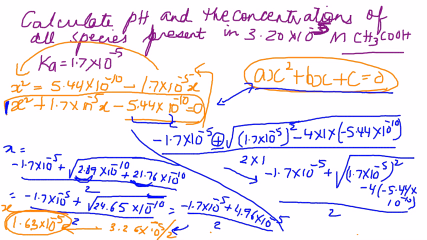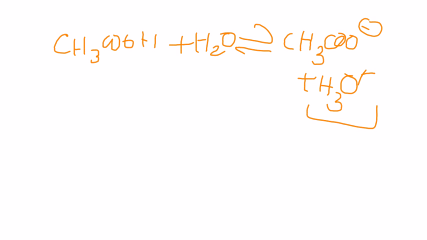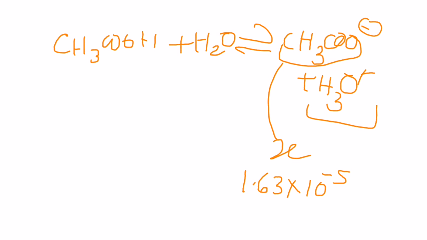Because recall our original equation that we wrote was the equilibrium of acetic acid with water gives you acetate and hydronium, and we had assumed these values to be x, and that came out to be 1.63 times 10 to the power of minus 5 molar.